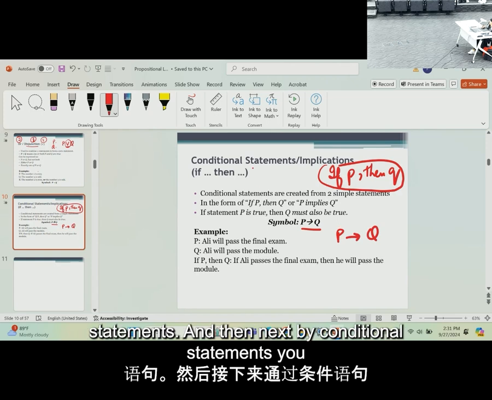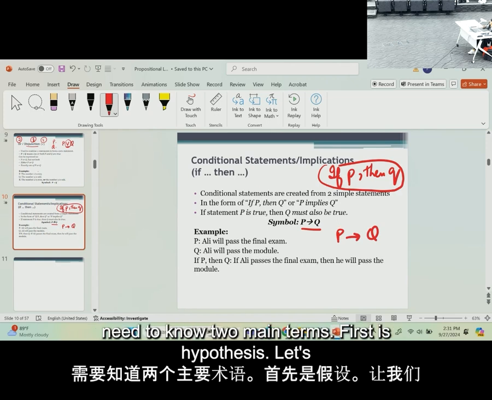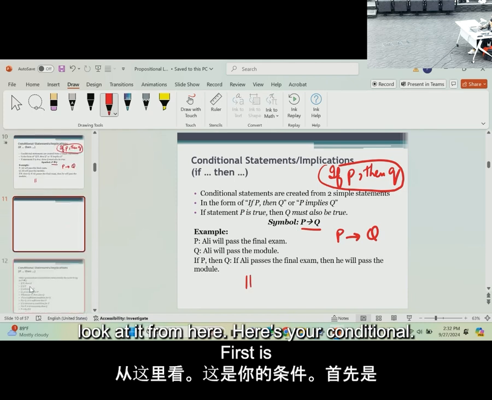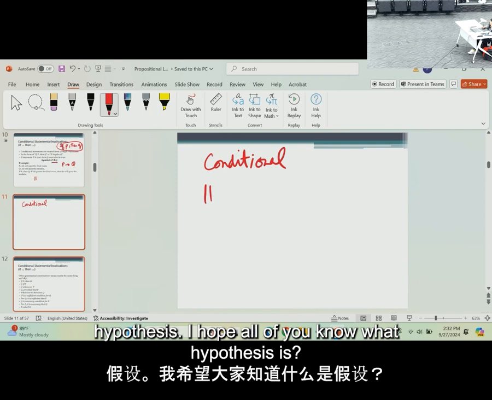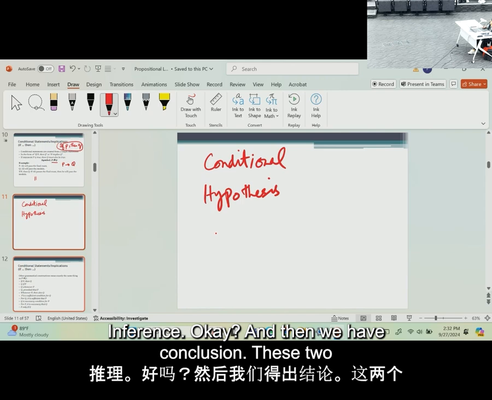For conditional statements and then biconditional statements, you need to know two main terms. First is the hypothesis. I hope all of you know what a hypothesis is. Inference. And then we have the conclusion. These two terms.